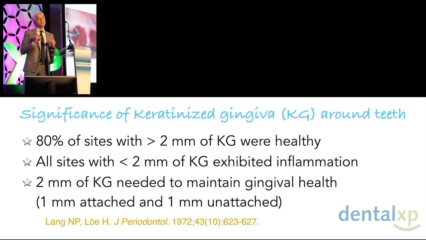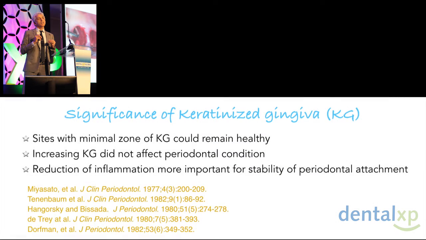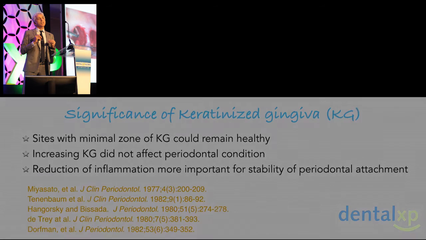This notion was later challenged because it was realized that it is possible to maintain health of teeth with minimum zones of keratinized gingiva, and what is really important is control of inflammation around teeth.